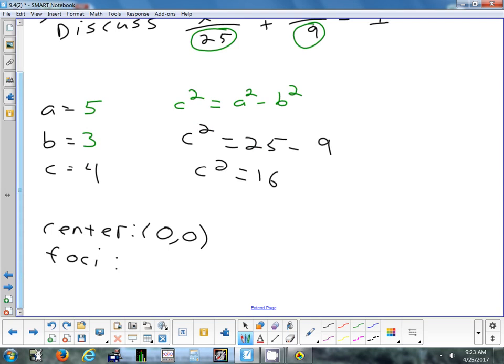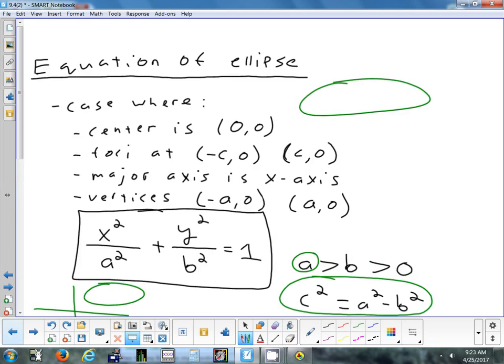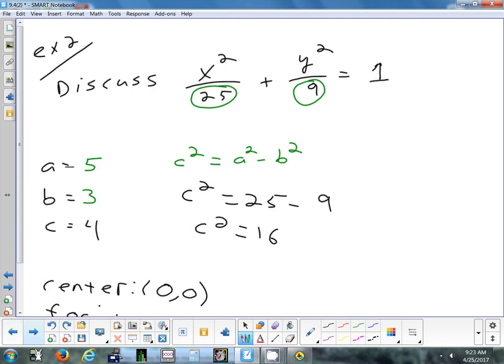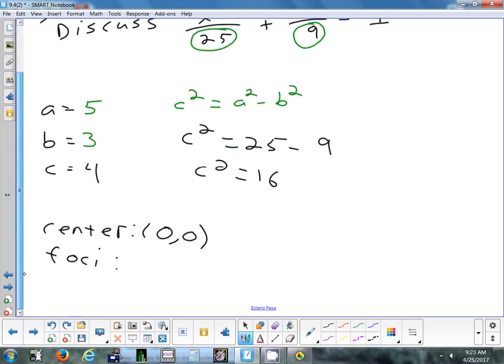You have to write them all anyway. So foci. Let's go back and look at our chart. Foci, negative C, 0, and then positive C, 0. All right. So where are my foci? Negative 4, 0, and 4, 0.